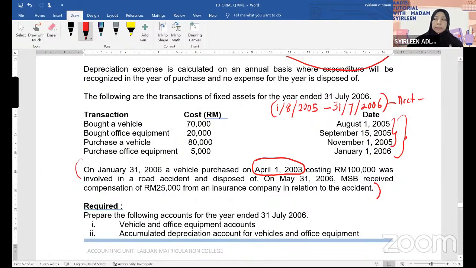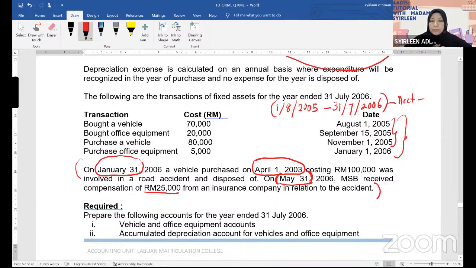But because it was an accident, it wasn't sold, rather you receive compensation from your insurance company. But this payment is only received on May 31st. If I close the vehicles account entirely on 31st January 2006, then when I receive the compensation on 31st of May, I can't find the pairing for the asset, so I can't calculate whether I get a gain or loss on disposal. So I have to close it in stages. On the day of the accident, I will close the contra first.